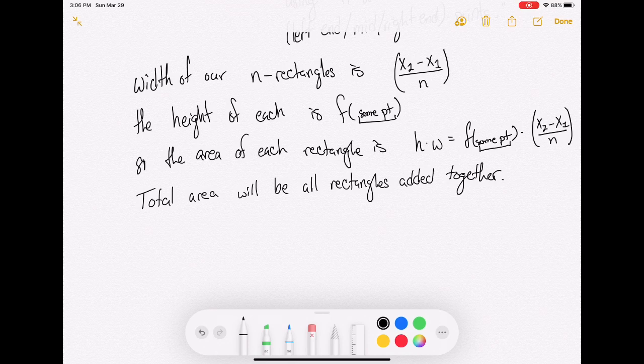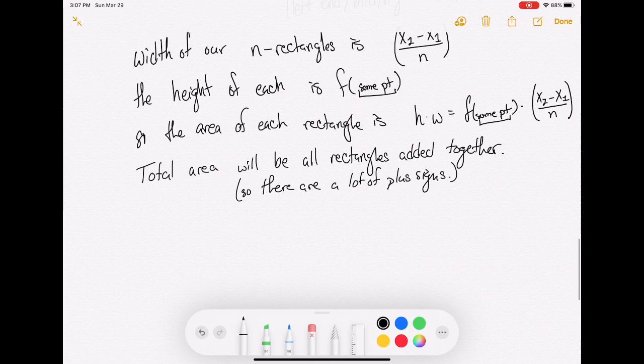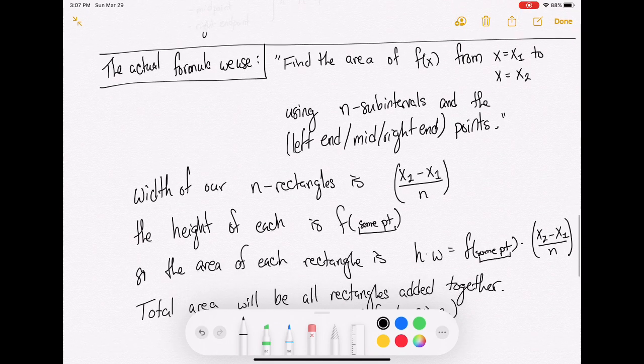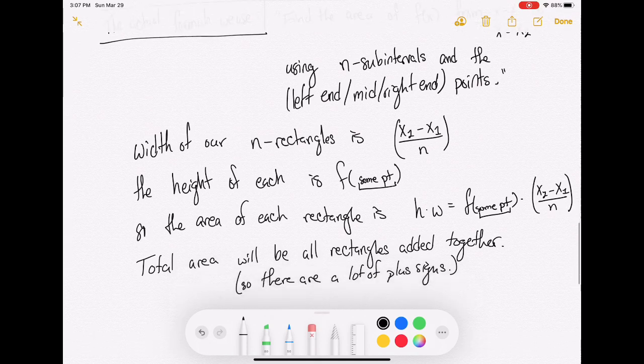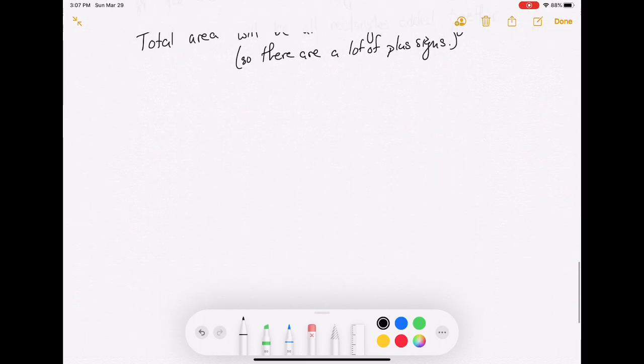So you would see a lot of plus signs. Let's look at the actual formulas now. Okay, here are actually the formulas.